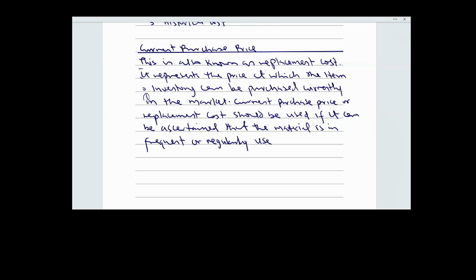Okay, the material is infrequently or regularly used. All right, that is when you use current purchase price.